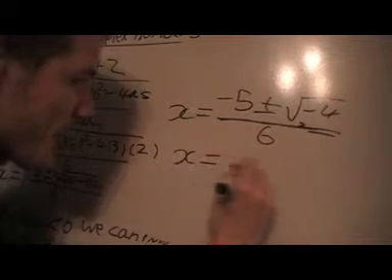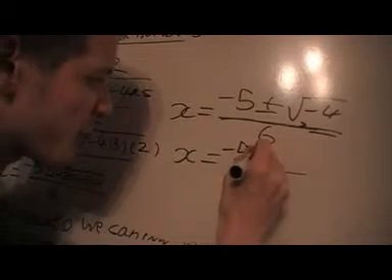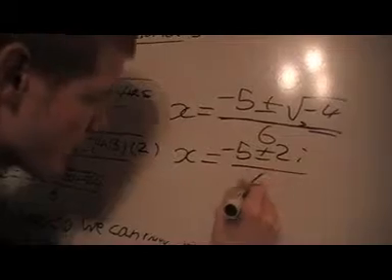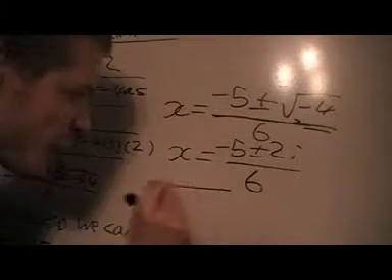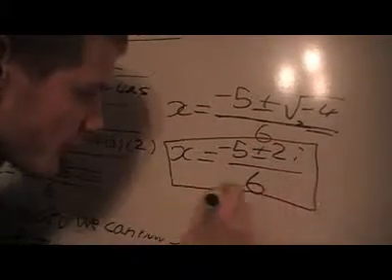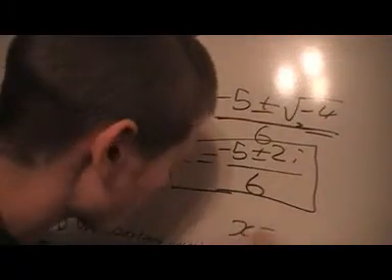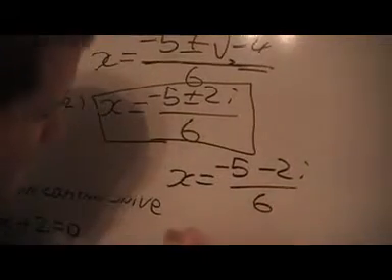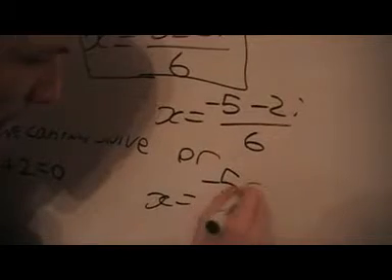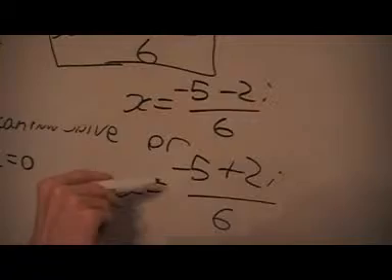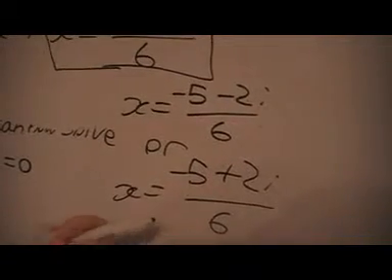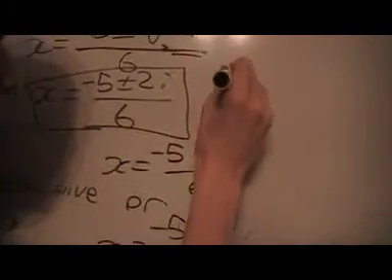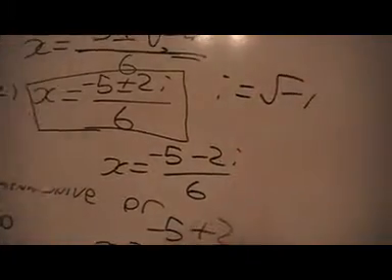So what we do now is we can just say that's 2i. So our solutions are these. So x can be these, and those are our two solutions of the equation, where i is the square root of minus 1.